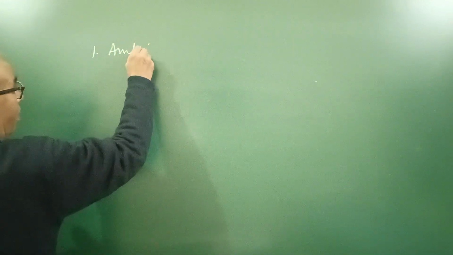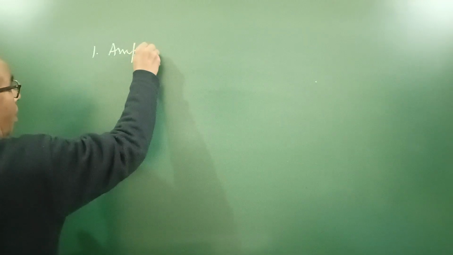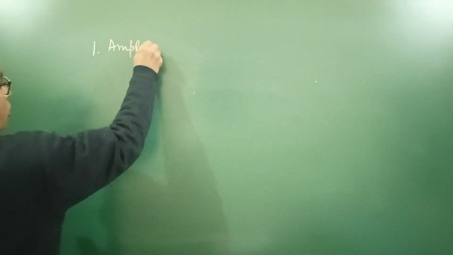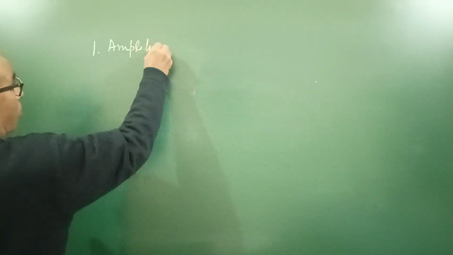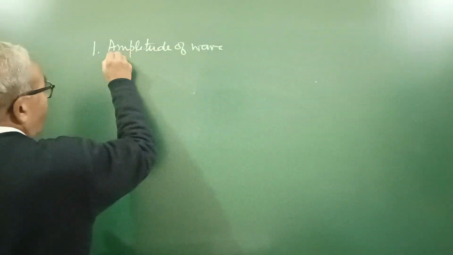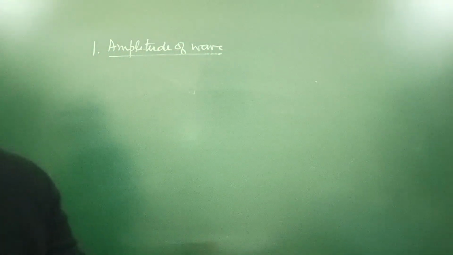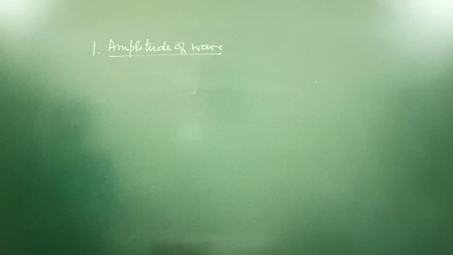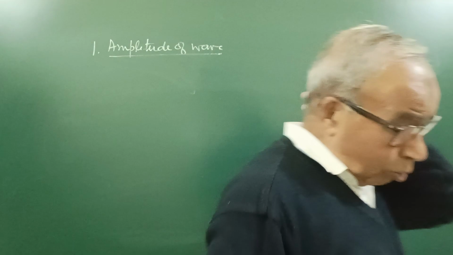Some definitions about waves. Number one, amplitude of wave. In the last chapter you have learned that when a particle oscillates, it oscillates about its mean position. So the maximum displacement from the mean position was called amplitude.